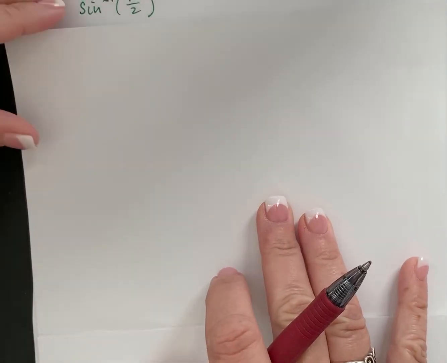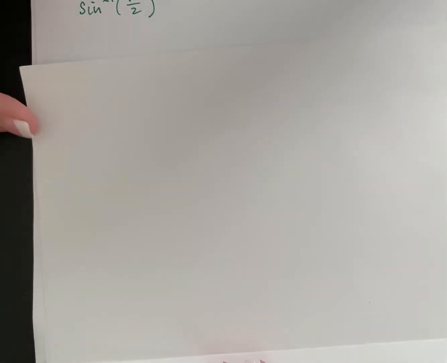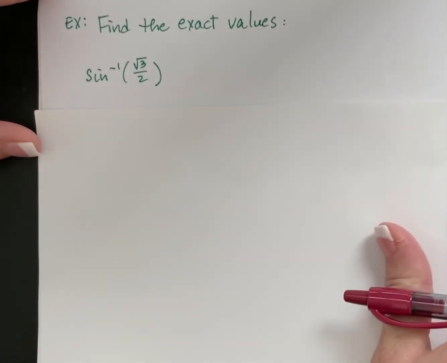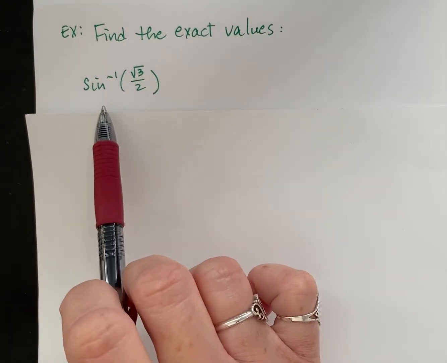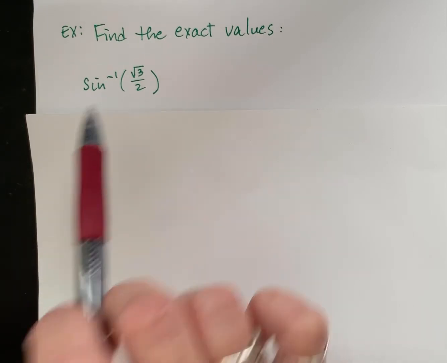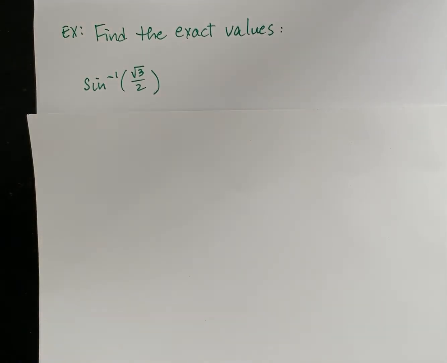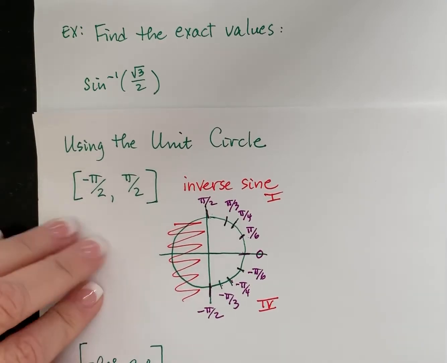So let's just try a few problems where they ask you to find the exact values. This one says the inverse sine of root 3 over 2. Let's work it first in radians. Then we'll come back and pretend the directions were find the answer in degrees. You're basically looking for the angle whose sine value is the square root of 3 divided by 2. Think about the unit circle.